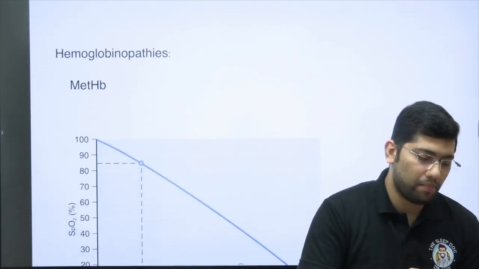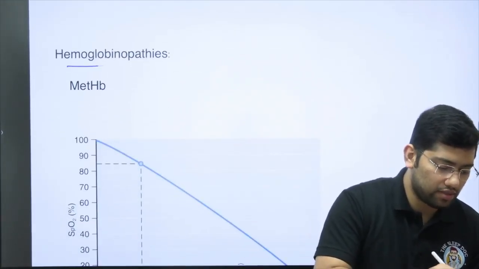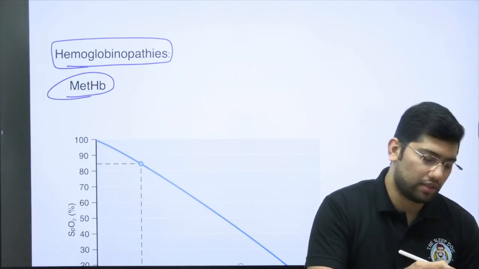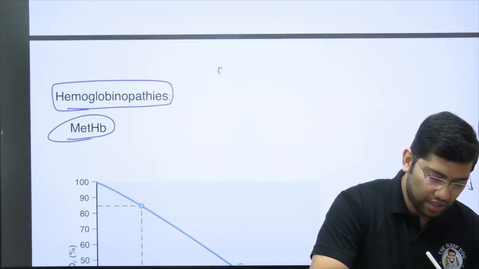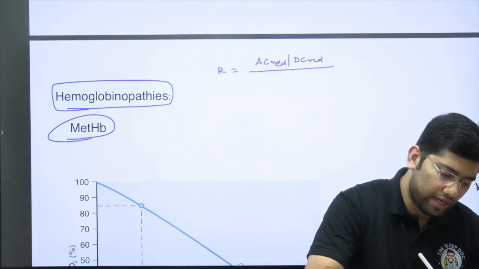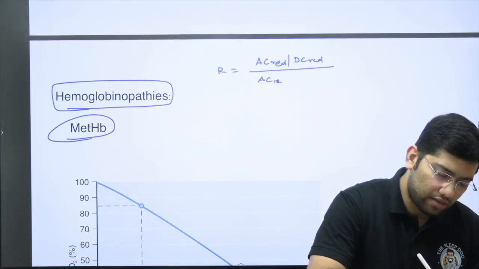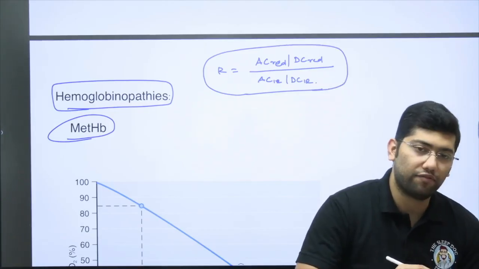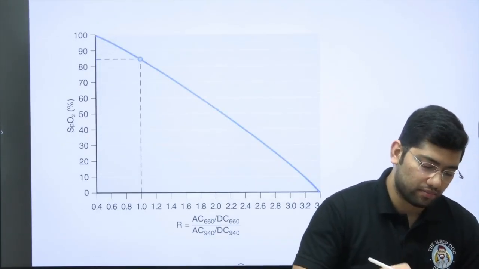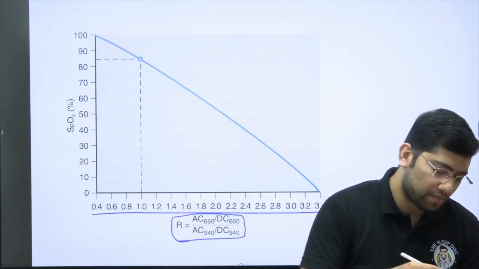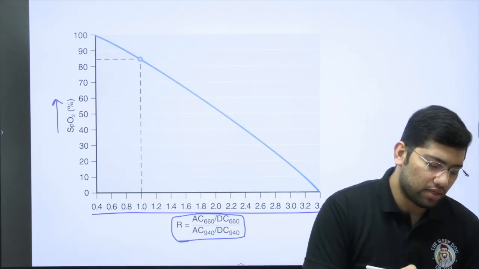Now, coming to the important part, the inaccuracies of pulse oximeter, which is hemoglobinopathies. First, let's discuss methemoglobin. We discussed finding out the R value, which was the AC component of red light by the DC component of red light, divided by the AC of infrared by the DC of infrared. This R value was plotted in a graphical form, with the R values on the x-axis and the saturation on the y-axis.